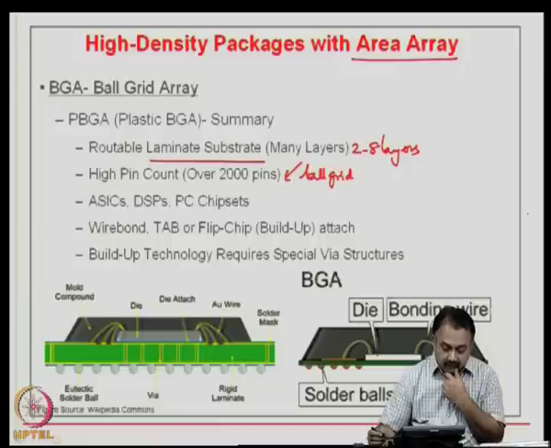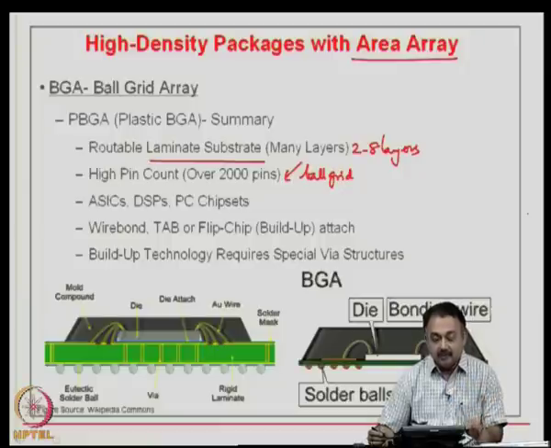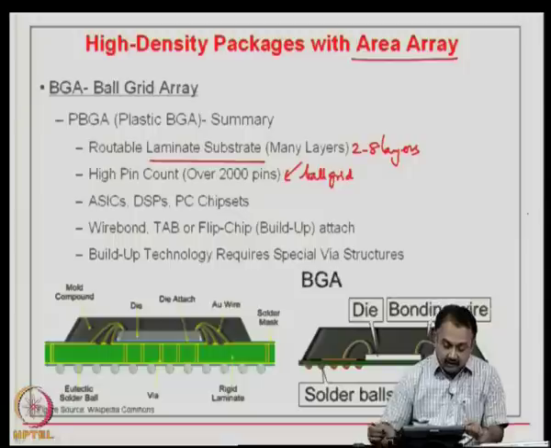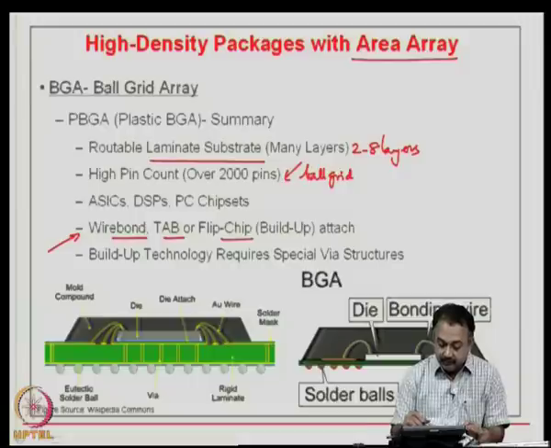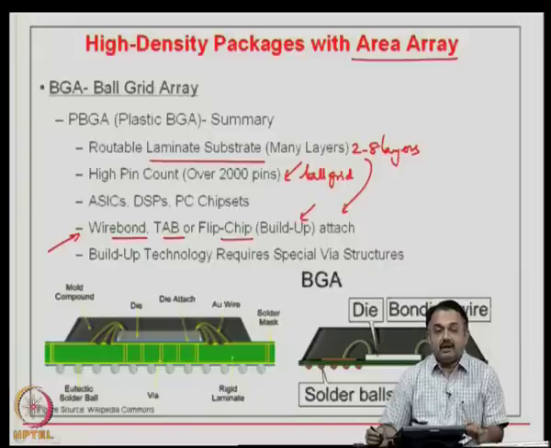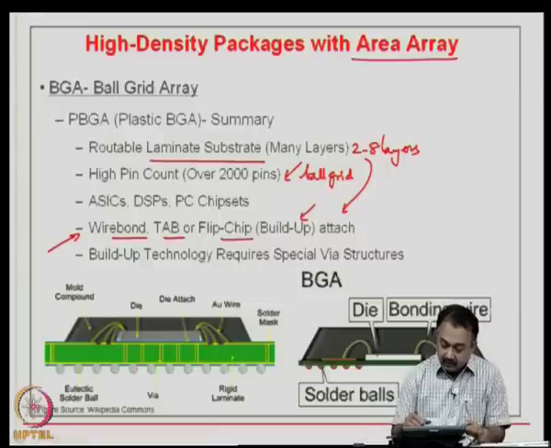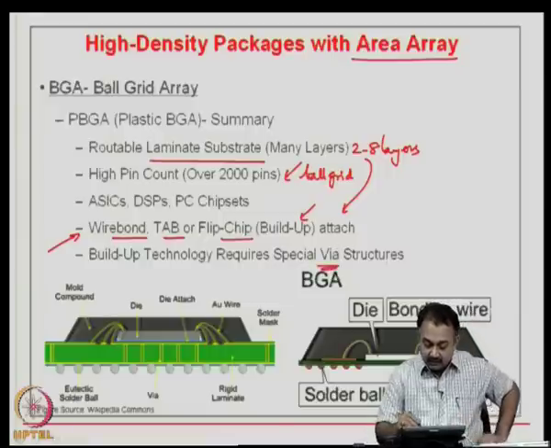The areas of application for BGAs, when you look at CSP, are typically DSPs, that is digital signal processors, and chipsets of PCs, and the inside construction could be a wire bond, TAB or a flip chip. And when you use a flip chip, you have to use a build up technology by having a high density interconnect substrate, and the build up technology requires special via structures.